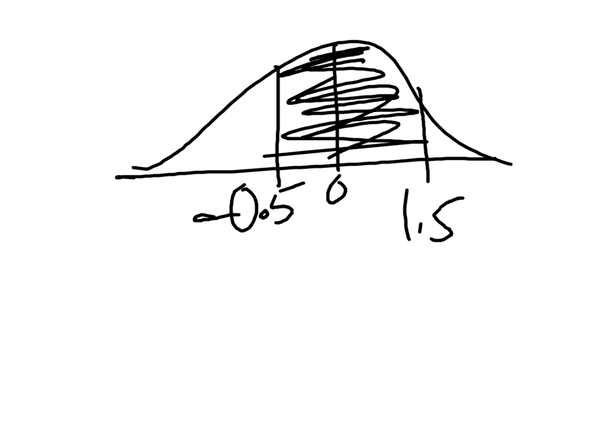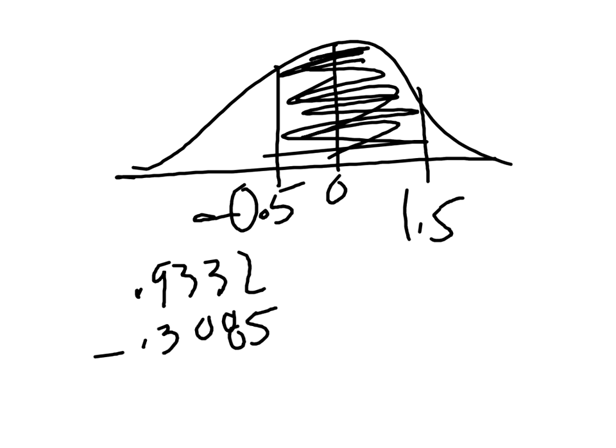I take that back. That's in their step 3 there. The area to the left of what they call Z2 is 0.9332. And then the area to the left of what they call Z1 is 0.3085. And that difference there is 0.6247.